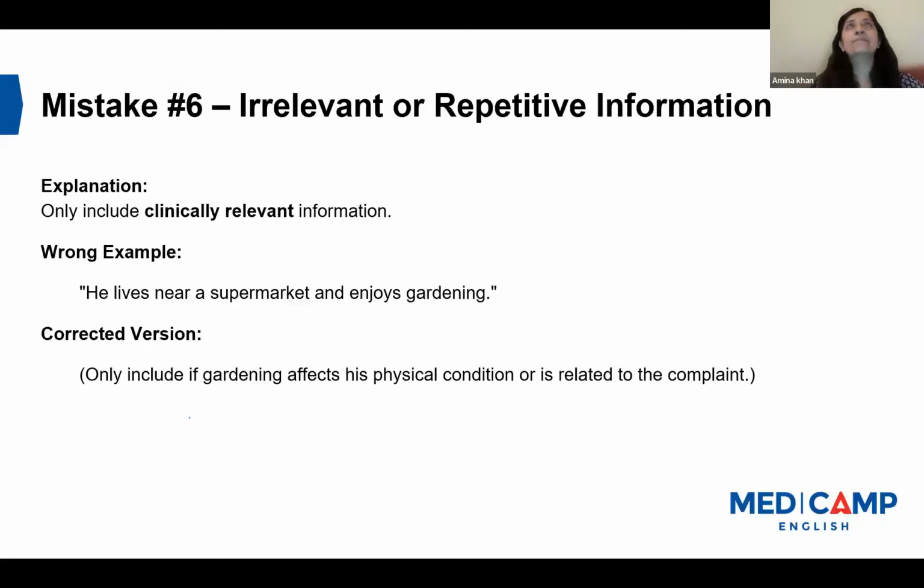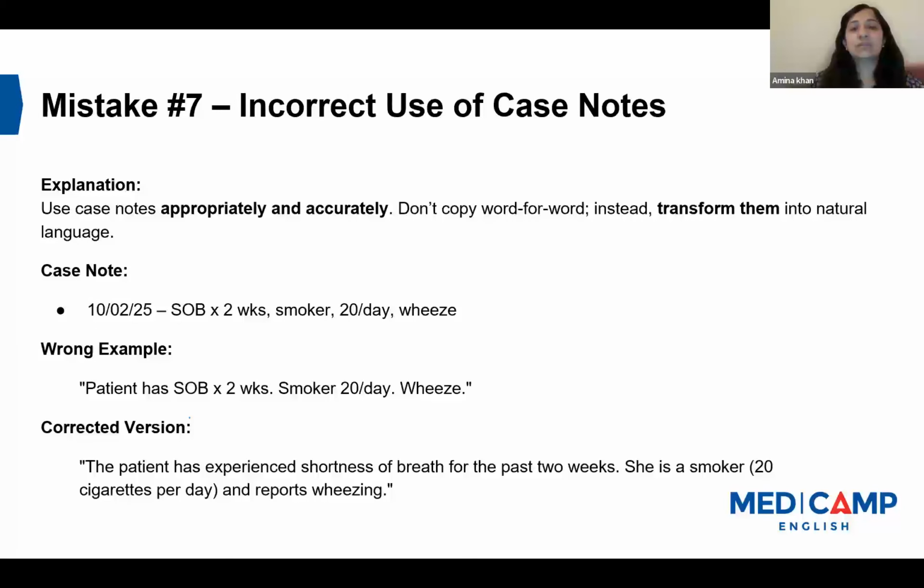For example, if you're talking about a patient who has been brought to you with some cardiac problem, and he has a sedentary kind of profession, he sits and works for long, so definitely that's a bit relevant to his condition. So in that case, you need to mention the profession or the hobby of the patient, but it's not the same in all cases.